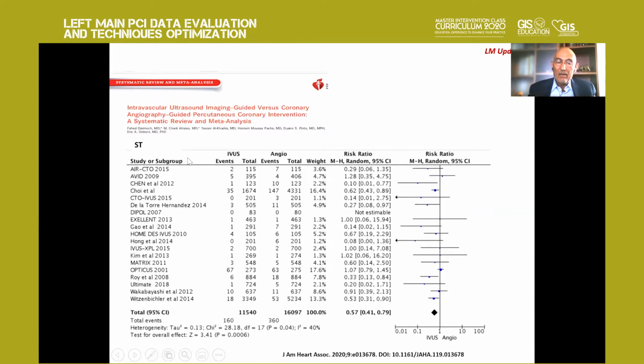That means, in all these studies taken in this meta-analysis, there was a concordance that all these important parameters can be improved by using intravascular imaging.